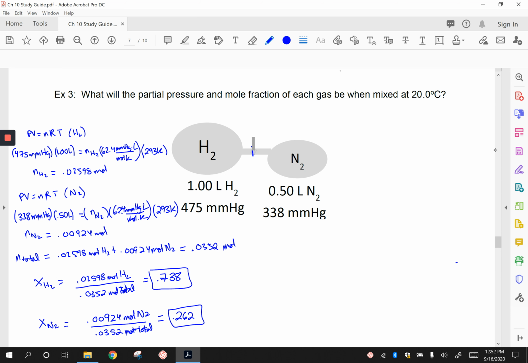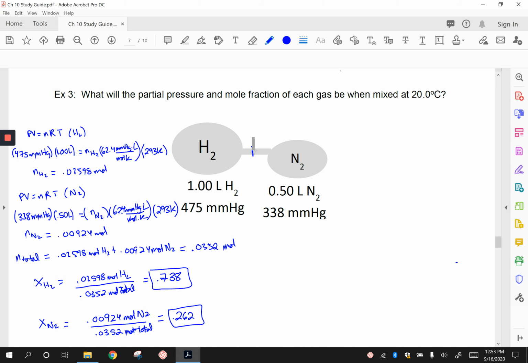Now, I didn't have to do this, right? I could have said the mole fraction of the H2 plus the mole fraction of N2 should equal 1, right? You add them up together, you get 100%, which is 1. So I could have just said the mole fraction of N2 is 1 minus 0.738, and that would have given me 0.262. You can always take shortcuts as long as you know what you're doing.